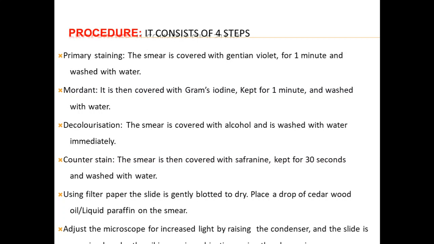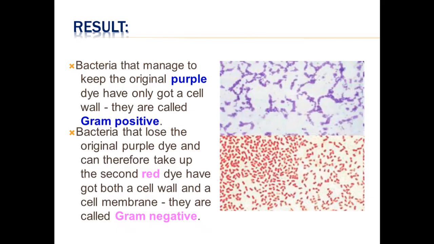decolorizing step, and after decolorization is complete, we add the counter stain safranin and again retain it for 30 to 60 seconds. Then using a filter paper, we blot dry the slide, and then after blot drying the slide, a drop of oil is added and it is observed under the oil immersion lens.